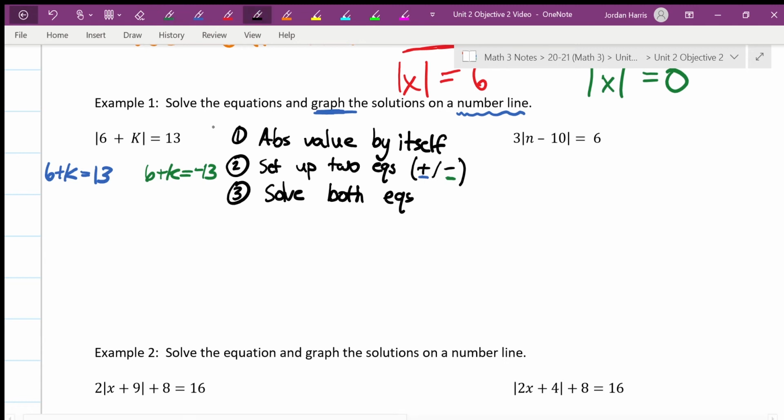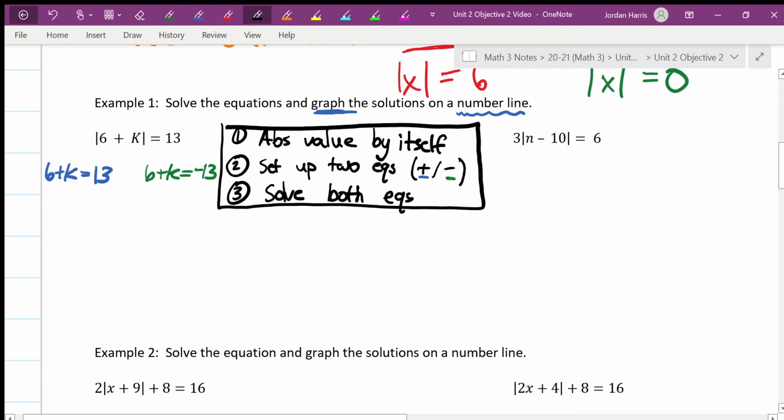I'll put a little box around this so I realize it's not part of the work. Now we solve both equations. I'm going to subtract 6 from both sides on the first one, and I get k equals 7. And I'm going to subtract 6 from both sides on the second, and I get k equals negative 19. Okay, so that ends up being my two solutions: k equals 7 and negative 19.